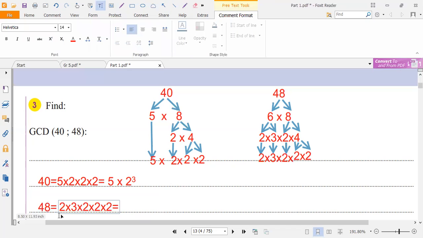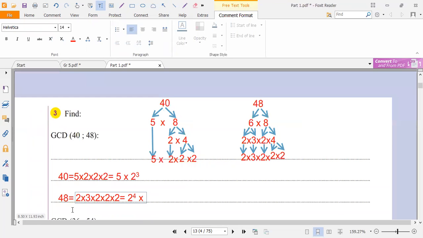So how many 2s do we have? 1, 2, 3, 4. It is 2 to the power 4 times 3. We have a 3 also.